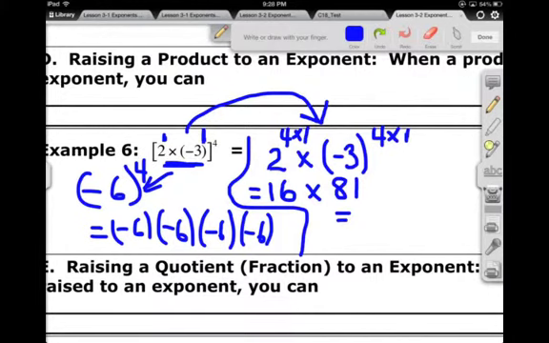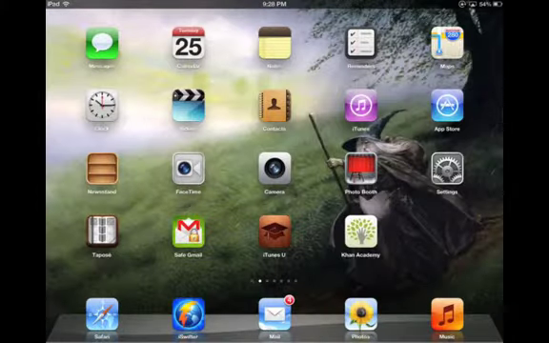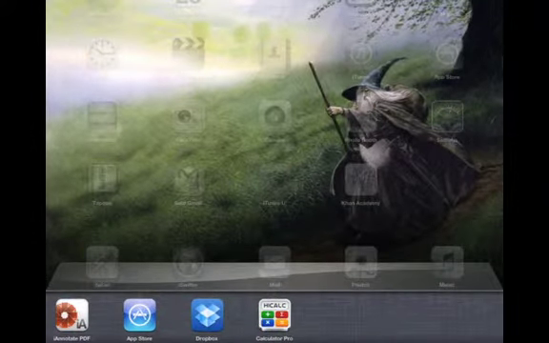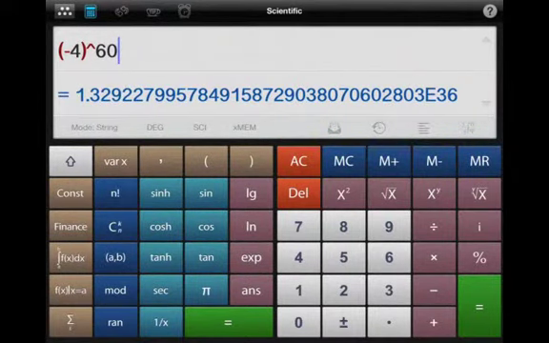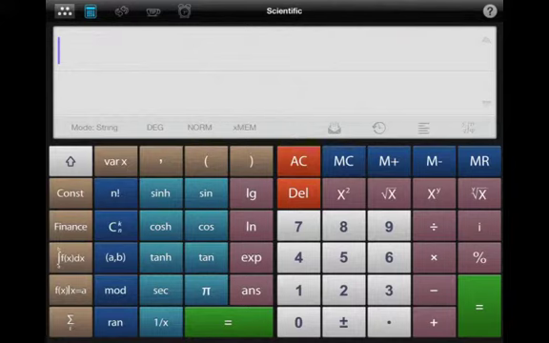So I have to pop out of my lesson for a second. Sorry, I can't do split screen. Negative 6 to the 4th power. All right, back this up a little bit. Oops, that didn't work.